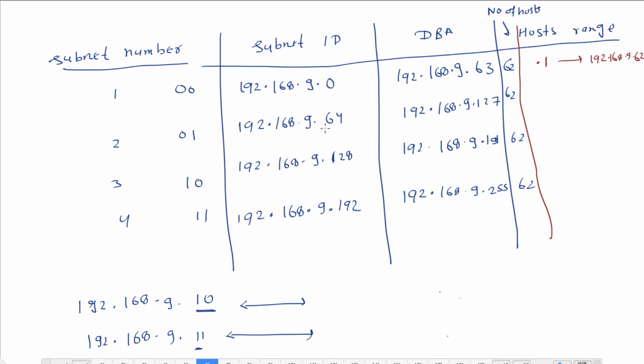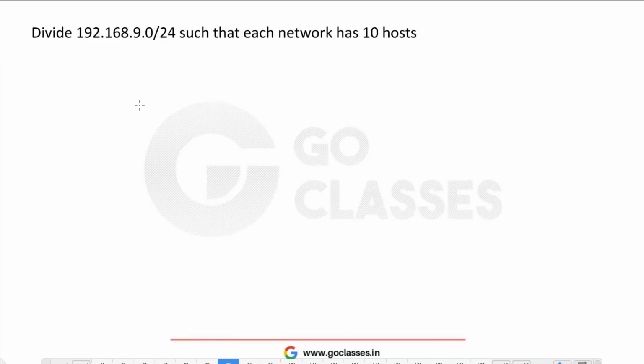I hope you got the idea about the subnets. Now let's say I want to divide this network such that each network has 10 hosts. Here they are not saying to divide this network into 4 networks. It is up to you how you divide it, but you need to make sure that each network has 10 hosts.